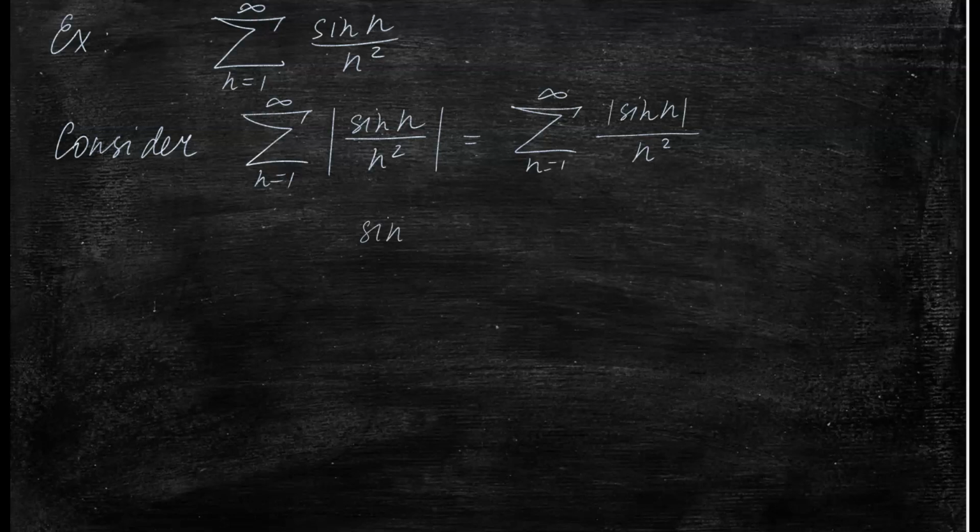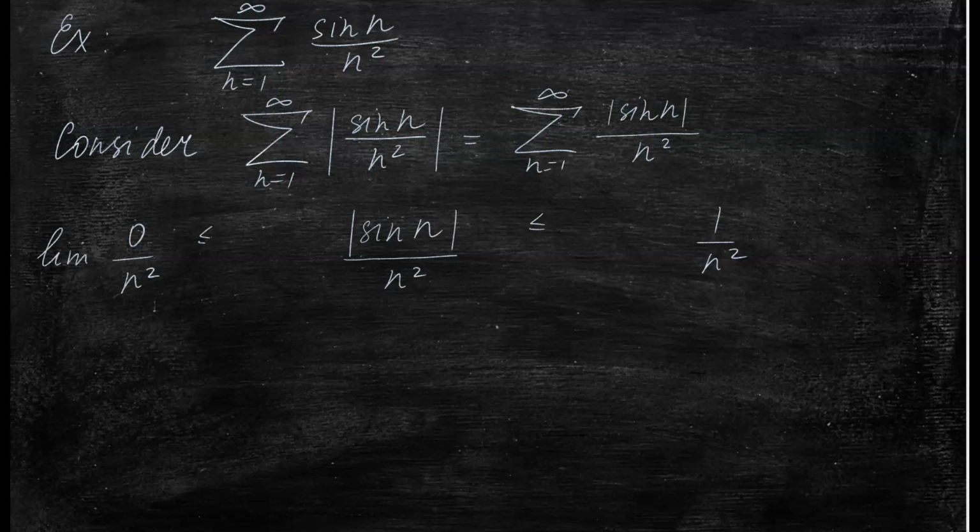The sine of n is bounded between 1 and -1, but if you take the absolute value of this, it will be bounded between 0 and 1, and when you divide it by n squared, it will be bounded between 0 and 1 over n squared.